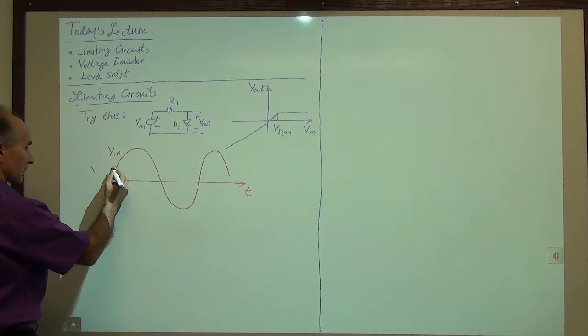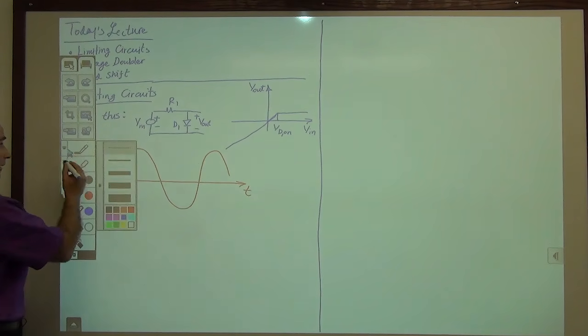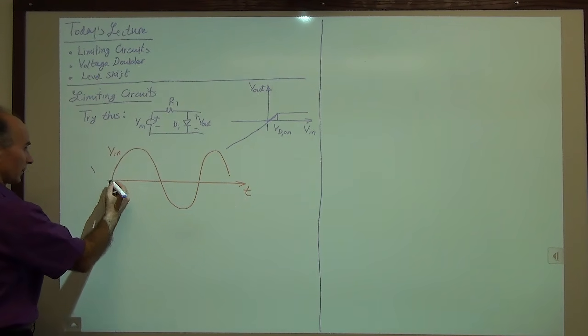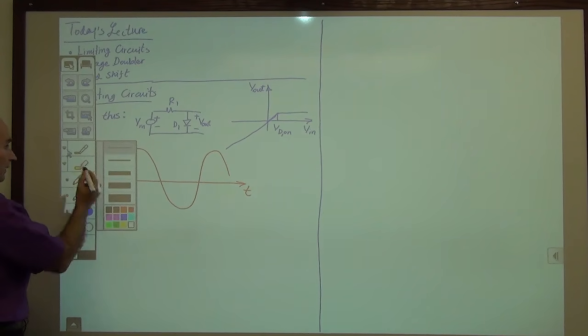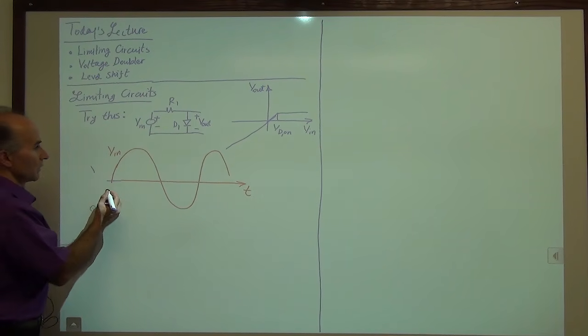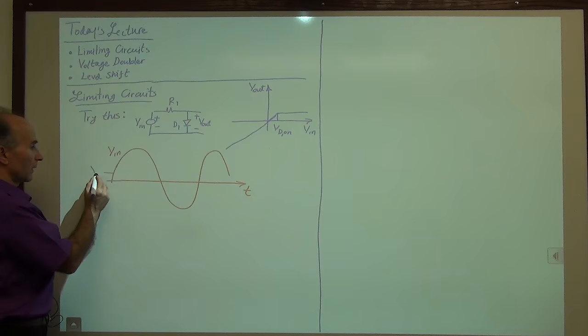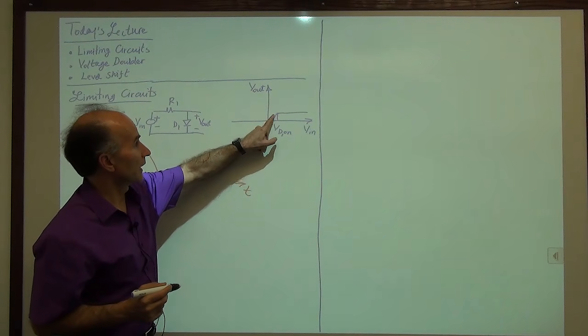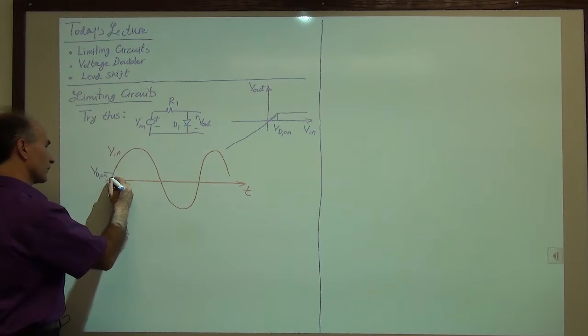All right, so let's get our colors correct. Here's the input, and we go to blue for the output. All right, so if the input is small, below VD on, we are over here. So the output is equal to the input. So the output just tracks it.